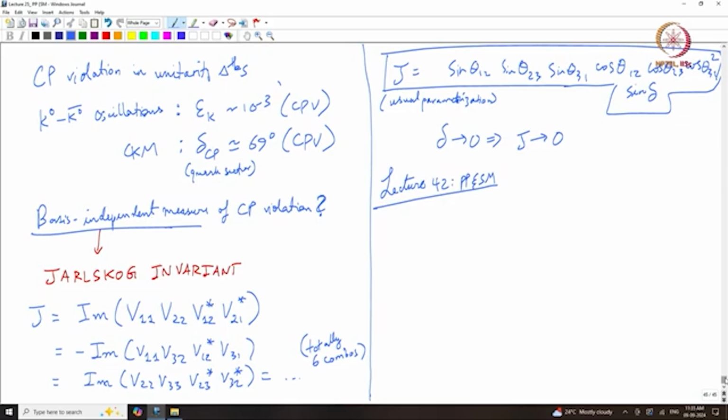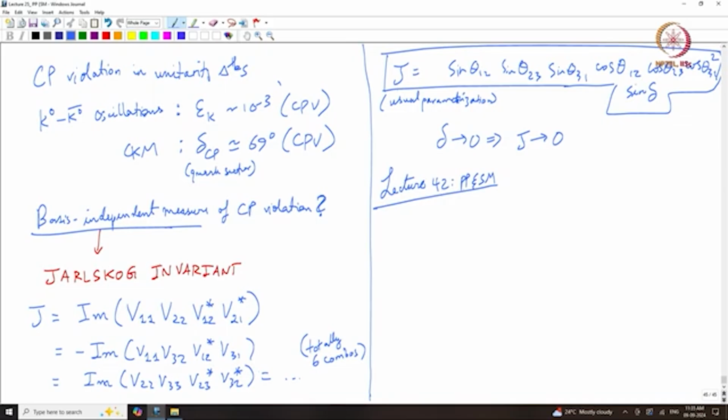We ended by writing down the Jarlskog invariant, which is indeed that basis independent measure, in terms of combinations of these CKM matrices. In this lecture I promised to prove to you that this is indeed an invariant and that there is a geometrical interpretation for it.